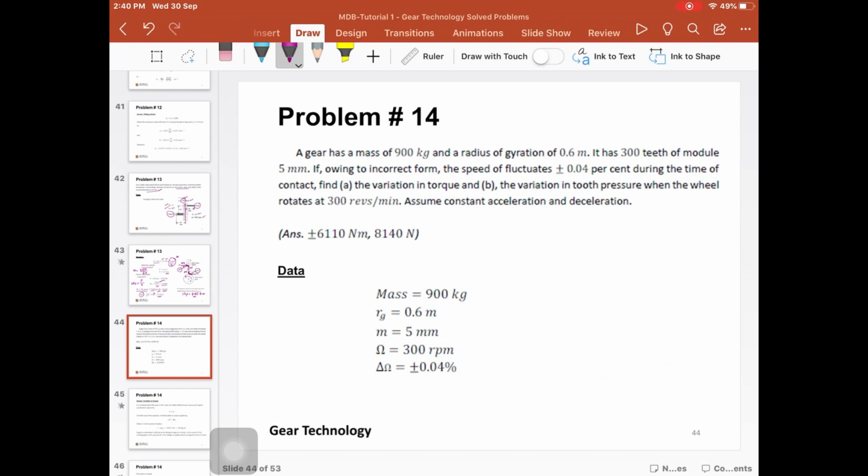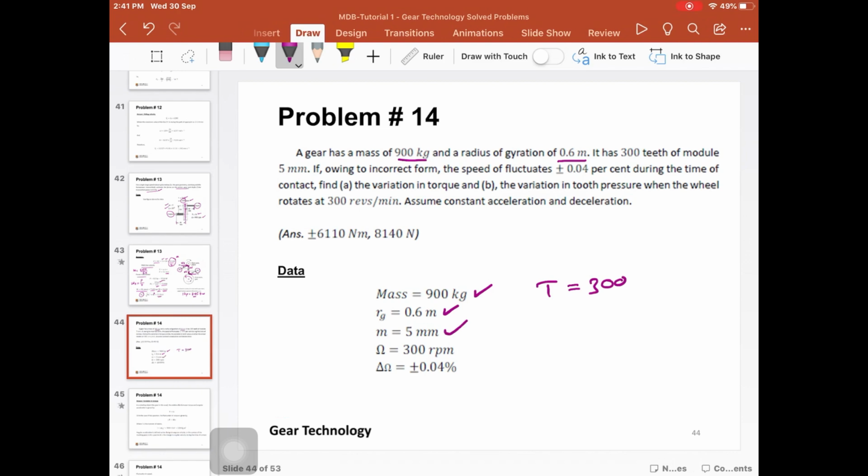So the next problem we have here, we have a gear that has a mass of 900 kilogram and a radius of gyration of 0.6 meters. So the mass of the gear is 900, the radius of gyration is 0.6 meter. It has 300 teeth, so the number of teeth here is 300, and the module is 5 millimeters.